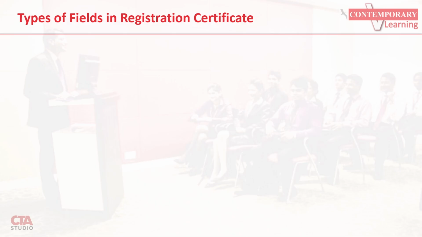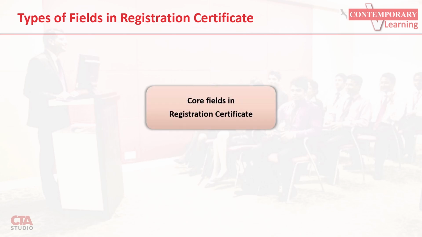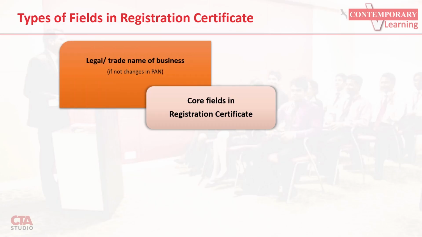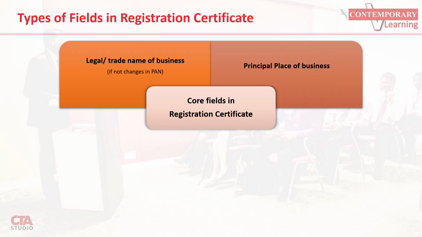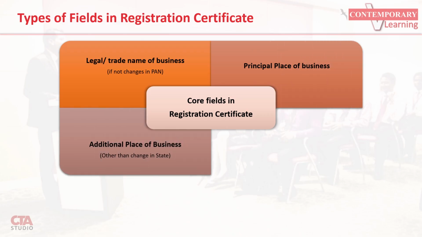Let me explain the different types of fields in the registration certificate, which determines how amendments are processed. Core fields in registration certificate. These are fundamental details that require formal approval for changes. Legal name, trade name of business, if not changed in PAN. Principal place of business. Additional place of business, other than change in state.